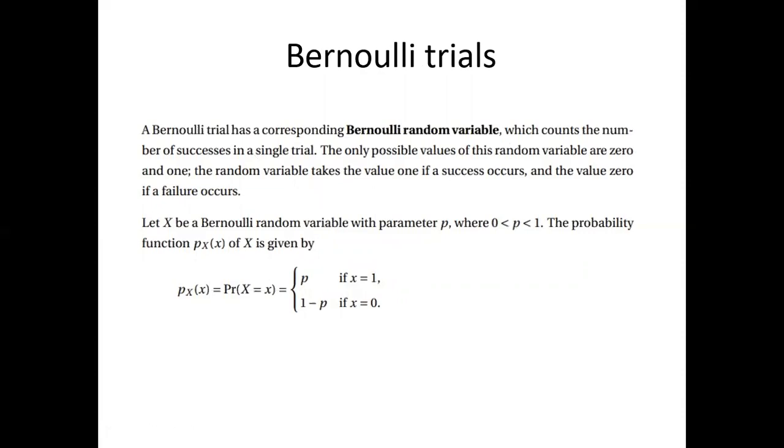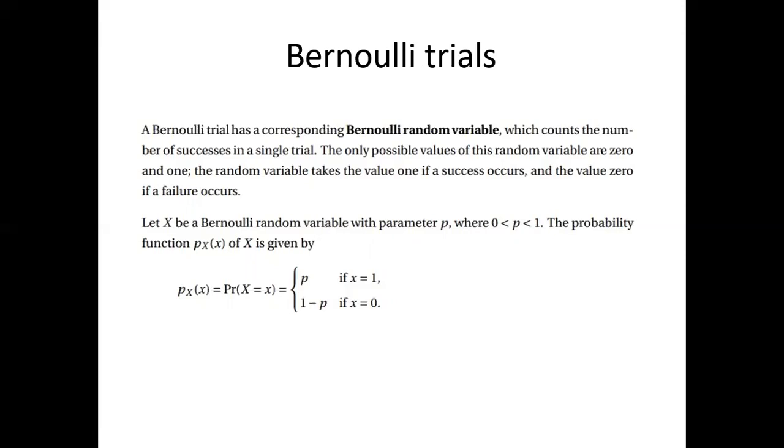The only possible values of this random variable are 0 and 1, since the Bernoulli trial has only two outcomes. The random variable takes the value 1 if success occurs and takes the value 0 if failure occurs.